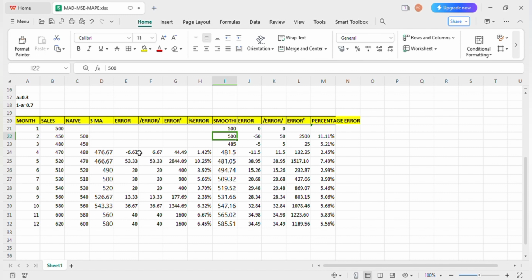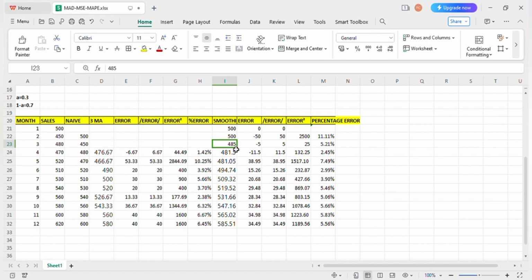And that 500, we multiply by 1 minus alpha value of 0.7, and the 450 itself, we multiply by 0.3, and we add the two results, we get 485. So that's the principle of how we are going to calculate the exponential smoothing.